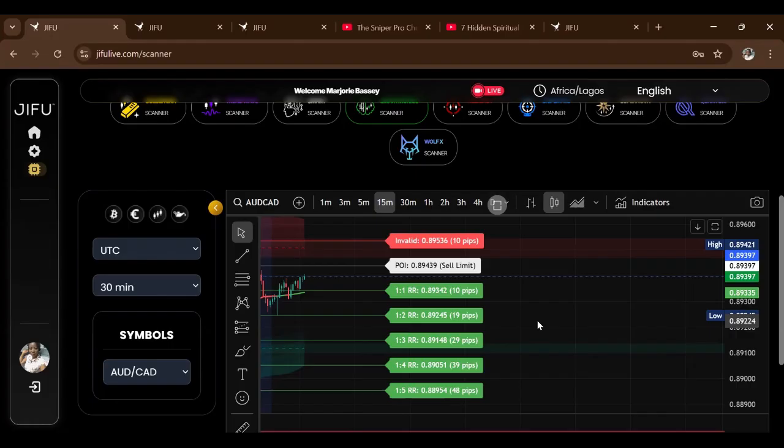The market has not gotten to that price yet. So it's expected that when the market gets to that price, it will start coming down. You want it to come, pick your order, and then start coming down. So your stop loss has to be above the entry.